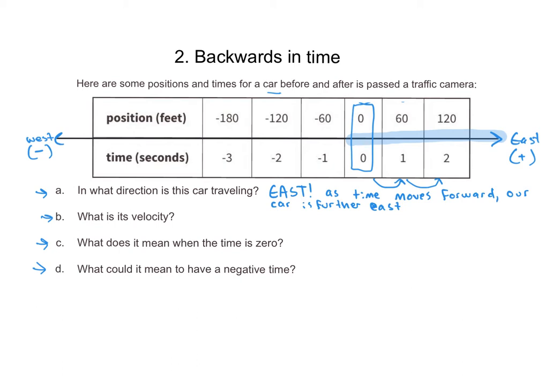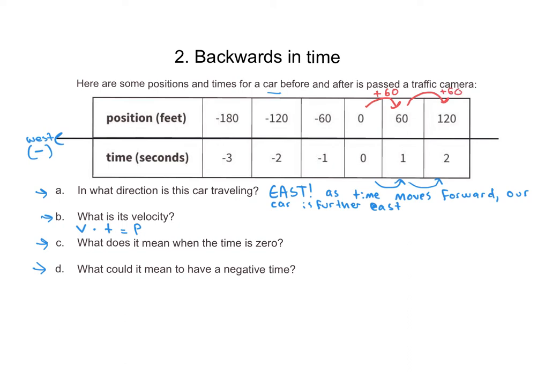Next, let's chat about its velocity. We can remember that velocity multiplied by time is going to be our position. And here on this table, we can see that for every second time increases, we are increasing by 60. So you can see right here, there's plus 60, and then to get to our next second, that is plus 60.